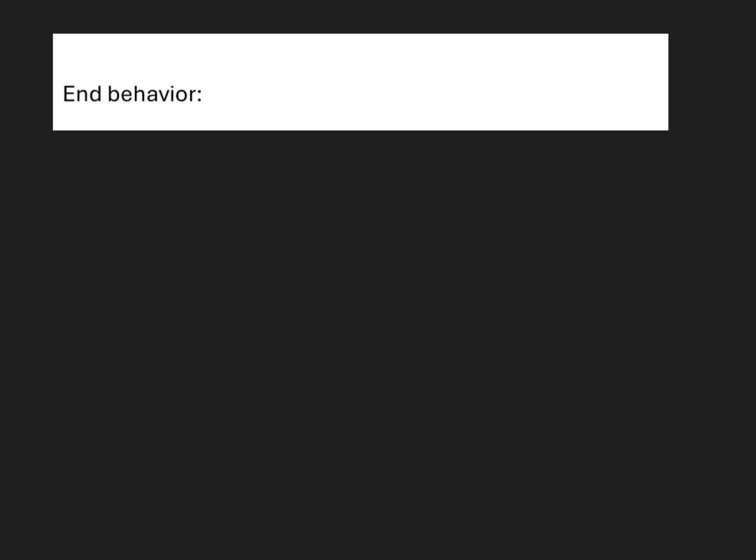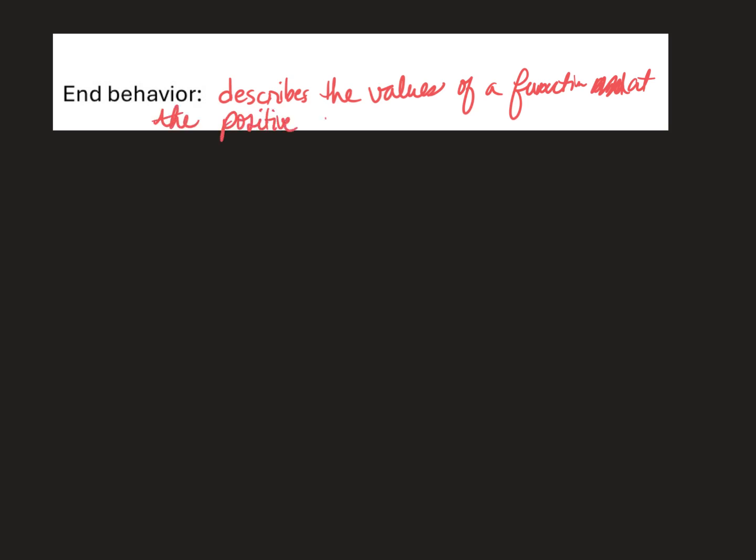End behavior, we're going to define end behavior. End behavior describes the values of a function at the positive and negative extremes in its domain.